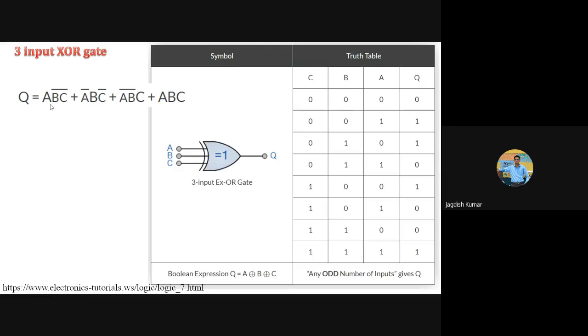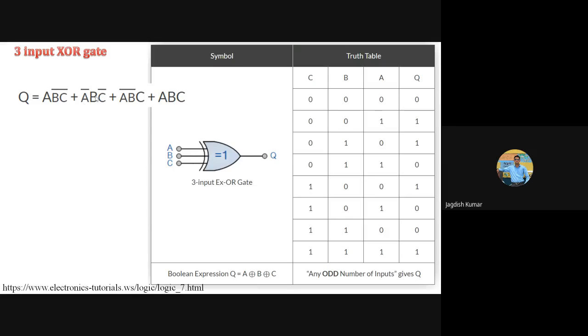Suppose we try all A, B, C are 0. Then whatever B bar, B, C whole bar, this is being multiplied by A, which is 0. It is not multiplication as such, it is AND with BC. In an AND gate, if any one of the inputs is 0, output will be 0. Correct?